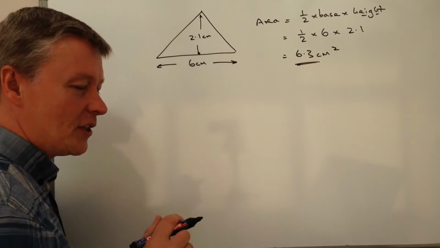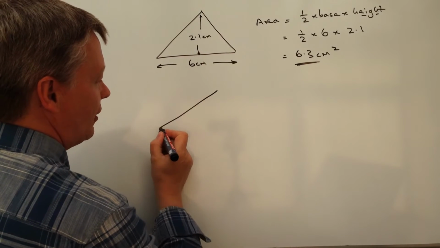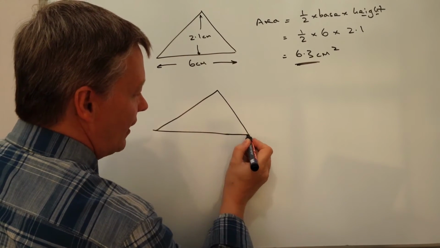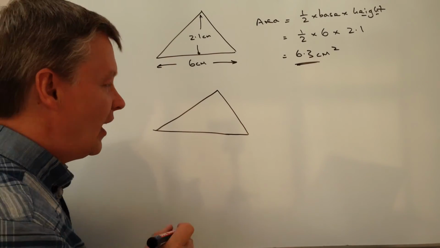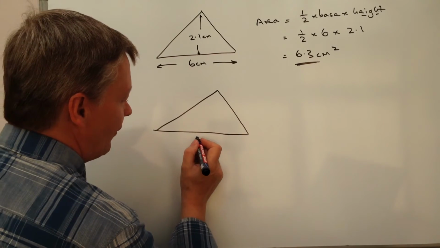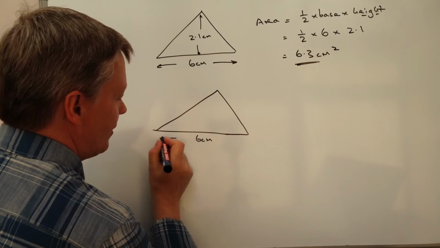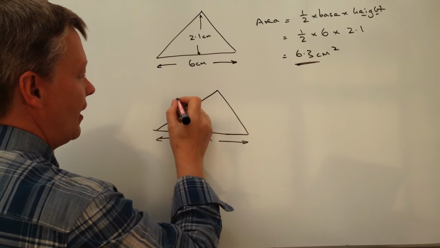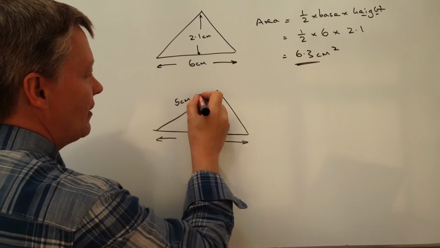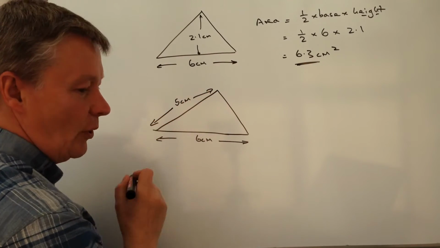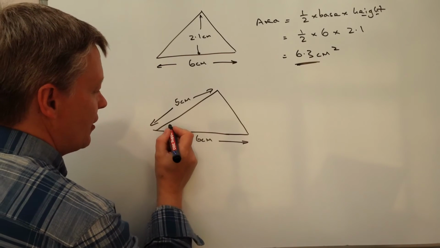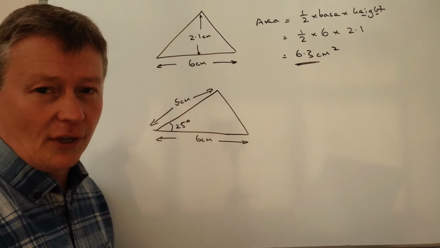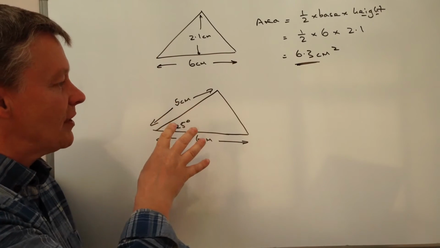And the way this works is that we've got a triangle where, in this particular case, we don't know the height, but what we do know is that the base length is 6 centimeters, and we do know that this side is 5 centimeters, and we know that the inclusive angle, as it's called, which is this angle here, is 25 degrees.